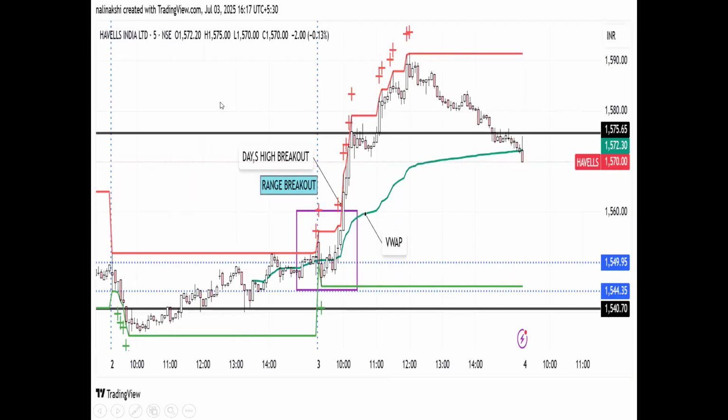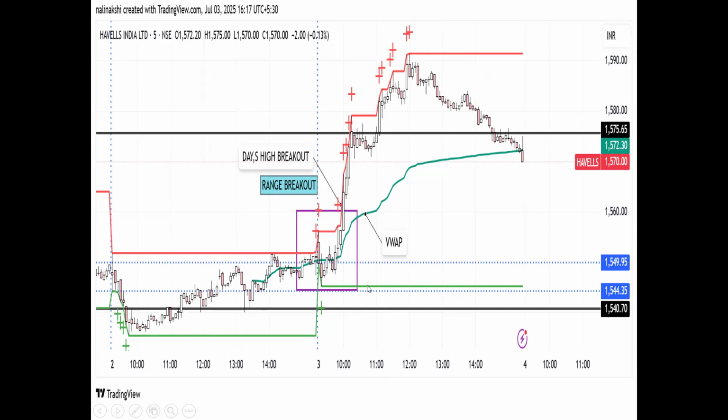In this example, I am taking the example of Havells again. Here, in the initial hour, within 5, 10, 15, 20, 25, 30, 35, 40, 45 minutes, the day high and day low were made.